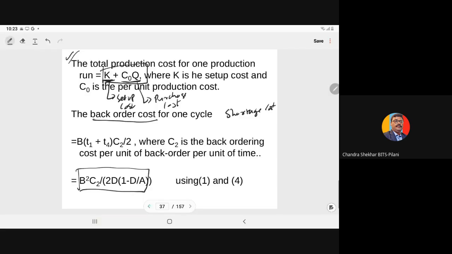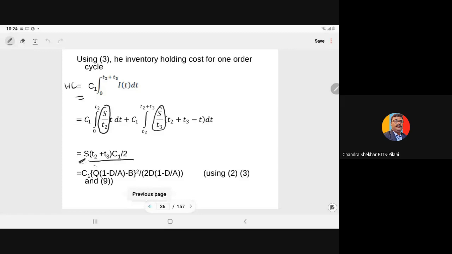Holding cost here we have derived as C1 into Q into 1 minus D upon A minus B whole square upon 2D into 1 minus D upon A. That is our holding cost.